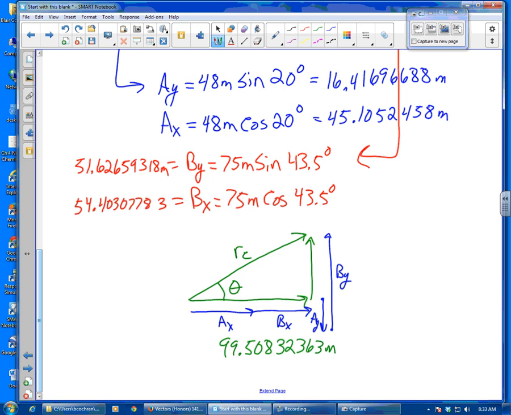And I'm going to take BY and add it to AY, but I'm remembering that my AY is negative, right? And so I get a vertical component of 35.2096263 meters.